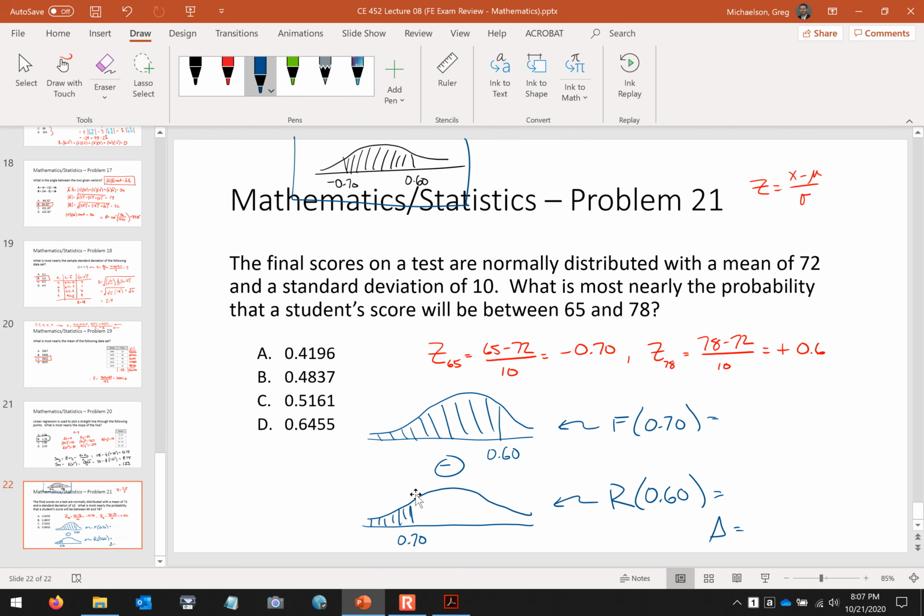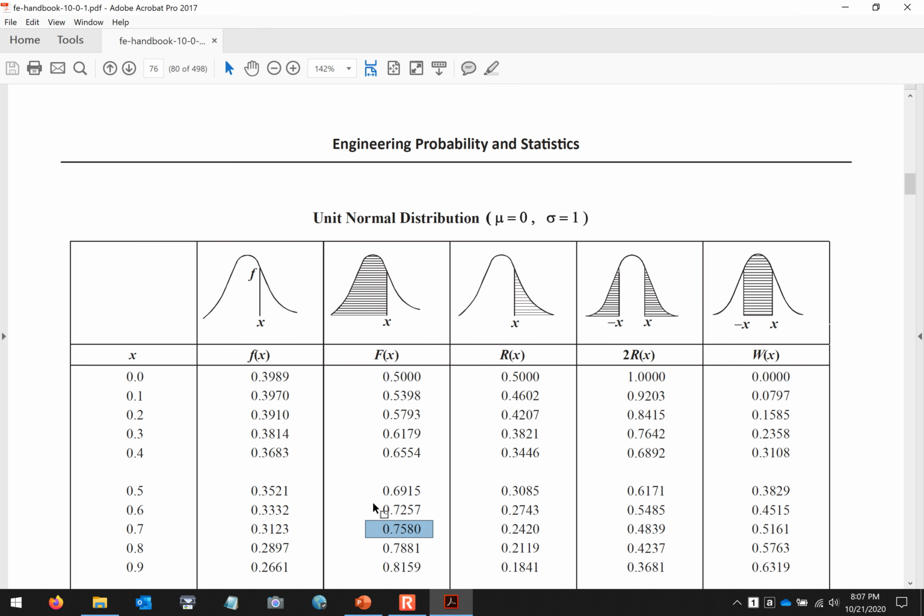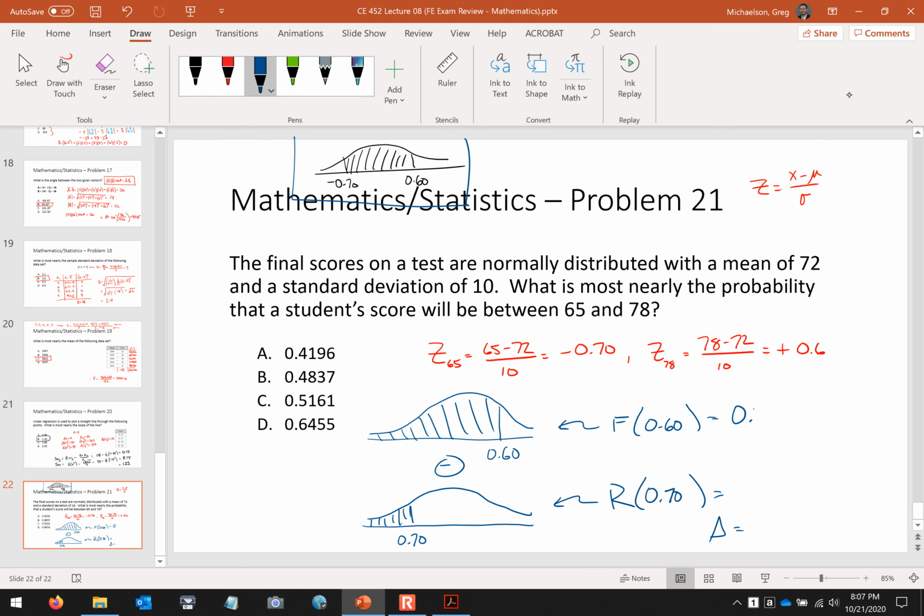Okay, so this should be 0.6, and this should be 0.7. Sorry about that. Really, I should be using this value here and that value. That's what I was doing wrong. I knew I had something wrong here. 0.7257, and this one is the 0.242. So now if I take the difference of those, I get 0.4837. There we go. That's a little better.